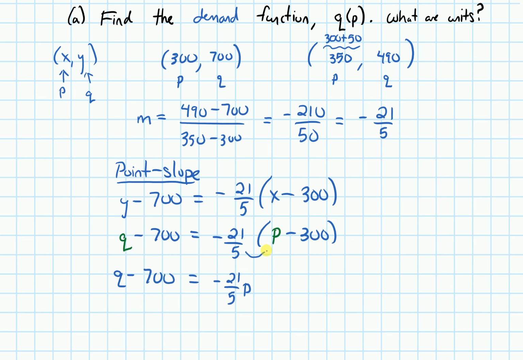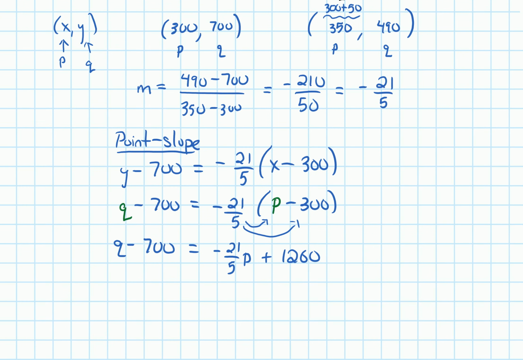I'm going to distribute it to both of these terms, so distributing it to that minus 300, we end up getting positive 1260. Now I just need to add the 700 to isolate q. Q is negative 21 over 5 times p, and adding 700, we get 1960.